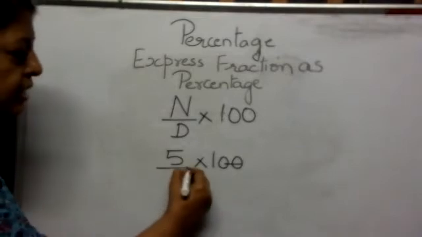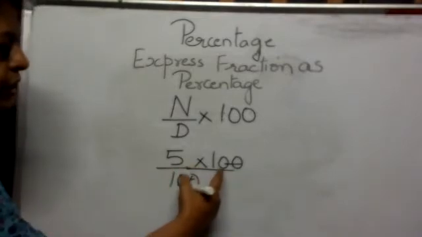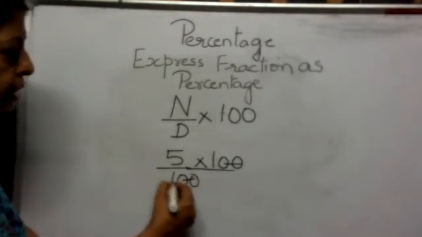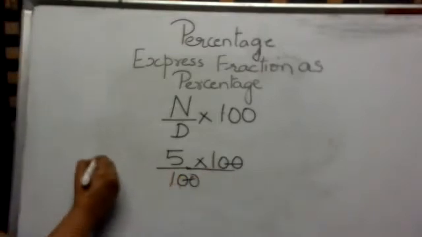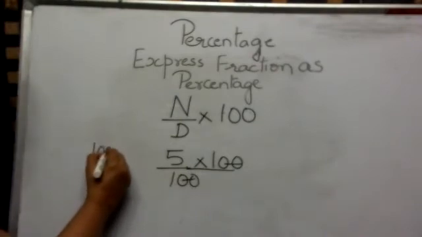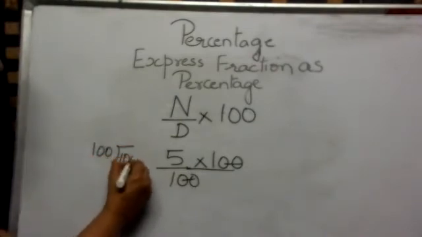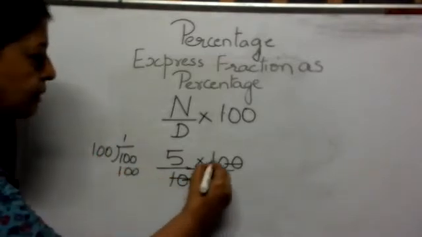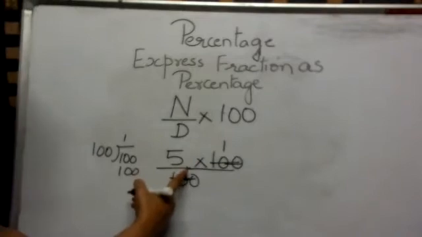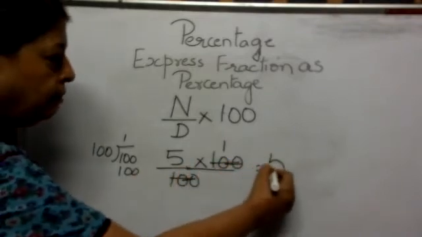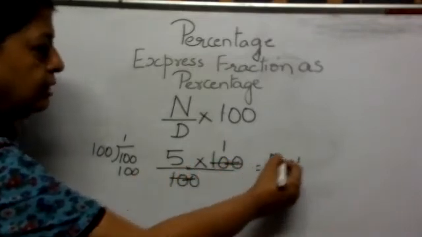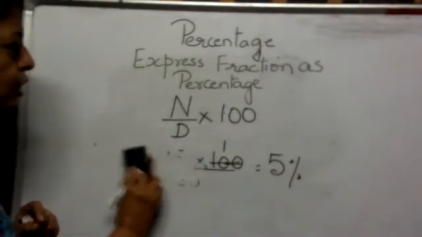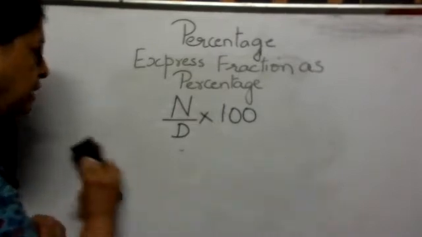You can either cancel the zeros, that is the short method, or 100 divided by 100, that is 1. And the next step is to multiply, that is equal to 5%. So this is one method to express a fraction as a percentage.